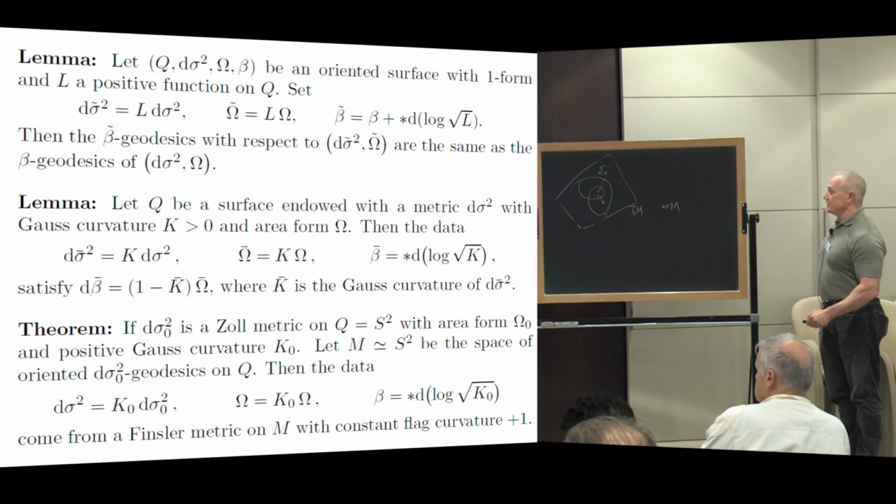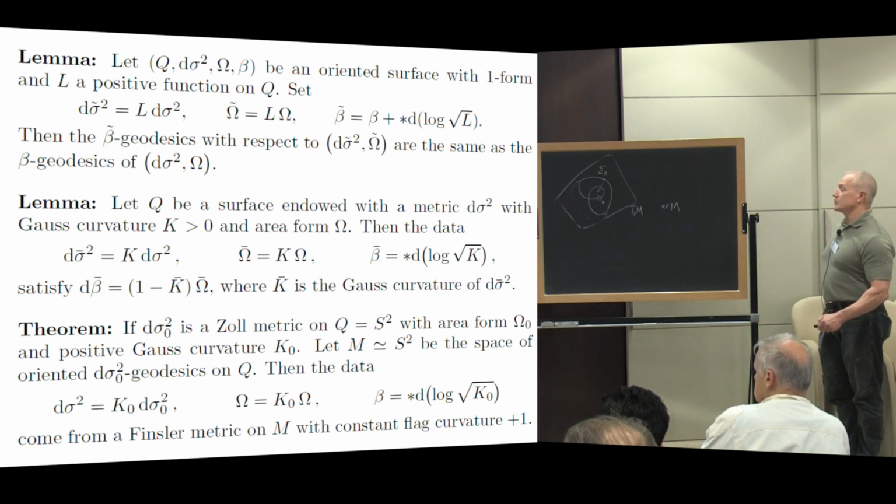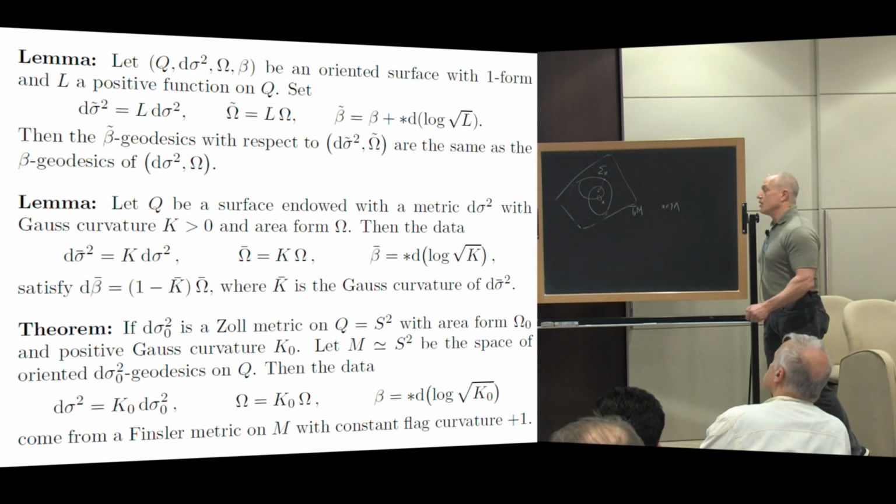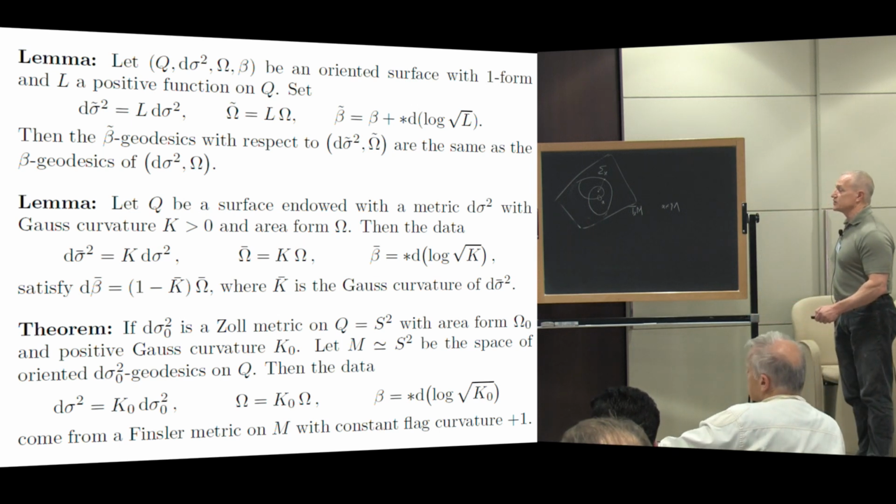This data is the data you need to construct a Finsler metric with constant flag curvature +1 on the space of geodesics, which is in fact a two-sphere.